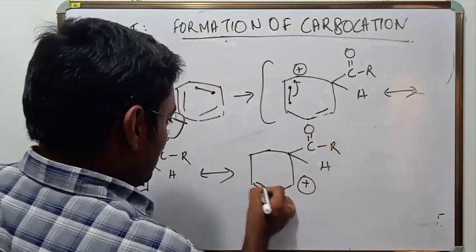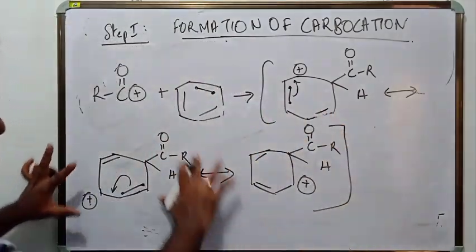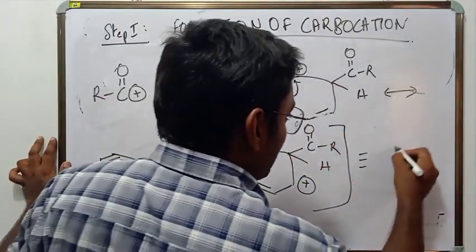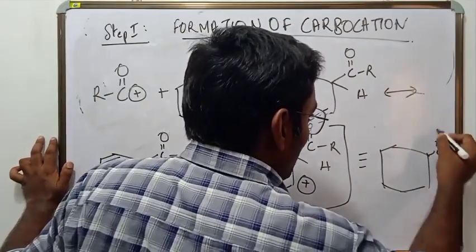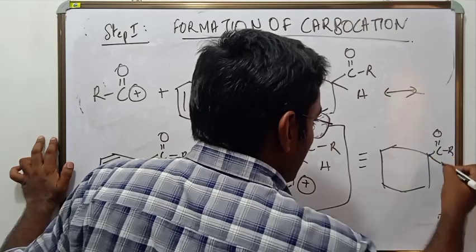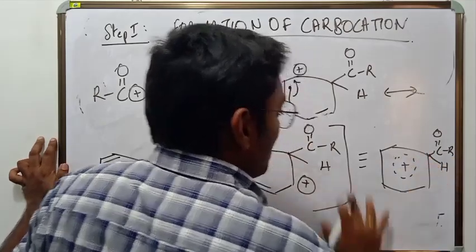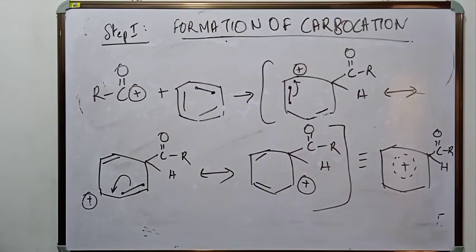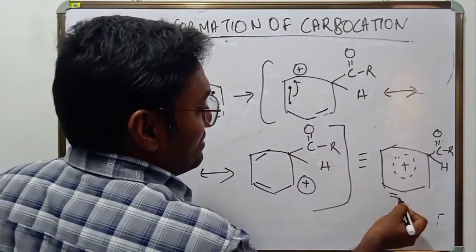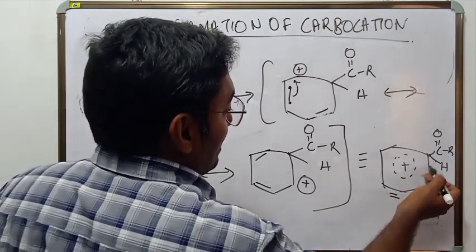This jumps here, fine. Now the overall structure for this carbocation is something like this. Here is the COR group, here it is H group, and here overall the positive sign is rotating inside the benzene molecule. So such a situation is very unstable and benzene wants to get rid of it as soon as possible by taking an electron pair back.